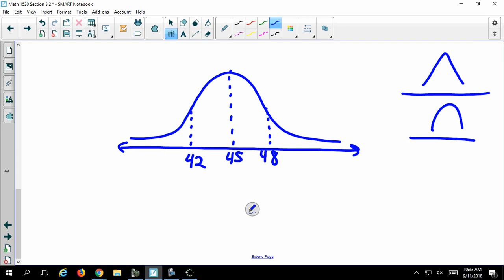Right? I'm just going to add, subtract, and try to keep it symmetrical. It doesn't have to be perfect. You're just going to use it to figure out your problem. And then 2 standard deviations. So we're going to add and subtract another 3. So that'd be 51 and 39. And then we're going to do it one more time. 54 and 36.